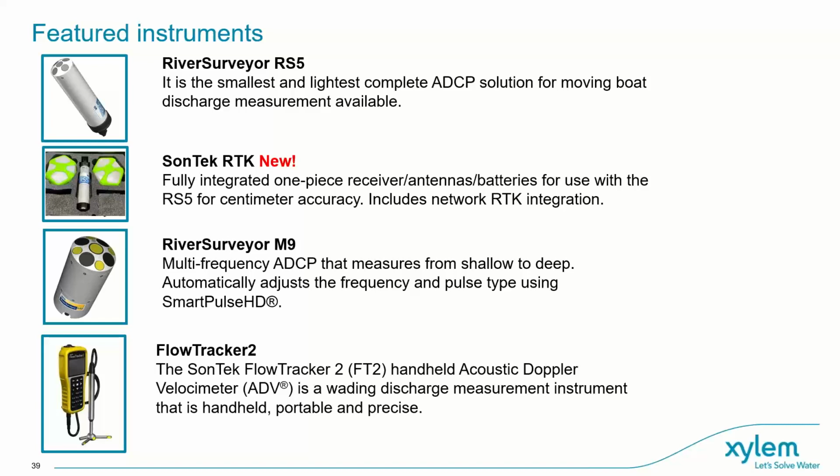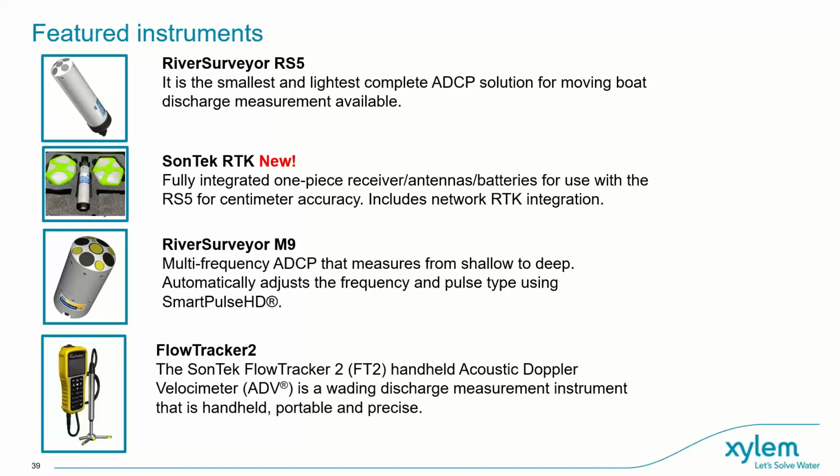We also looked at data from the River Surveyor M9. So the RS5 is specifically designed for smaller channels, shallower channels. Then the M9 is for mid-depth, medium depth, and it's a multi-frequency ADCP that automatically toggles between a couple frequencies and different acoustic methods to get you the best data possible in the slow, shallow bank areas or floodplain areas all the way through the main channel, using just one instrument, measuring as much of the channel as possible.